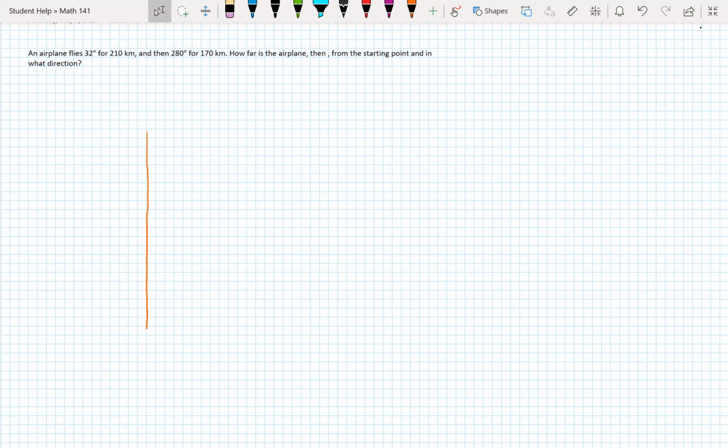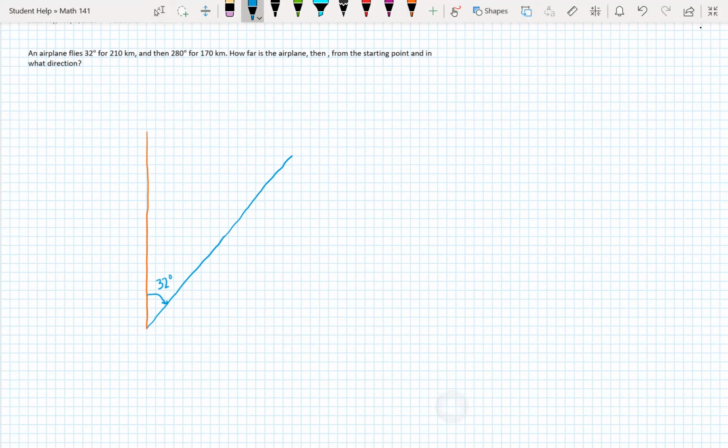In this particular case, if I start north and I'm going 32 degrees, I'm going to open this way 32 degrees. And this is the direction that the plane is moving.